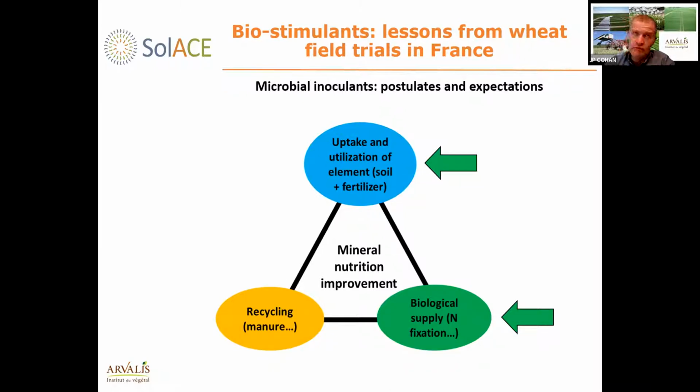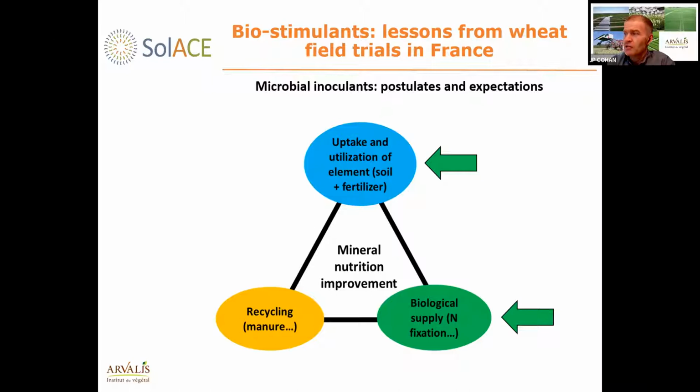If you want to improve nitrogen or phosphorus uptake and utilization, you can play on 3 summits of innovation. You can work on recycling by using manure or urban waste. You can act on biological supply, I mean nitrogen fixation, either in symbiosis or free microbes in soil.